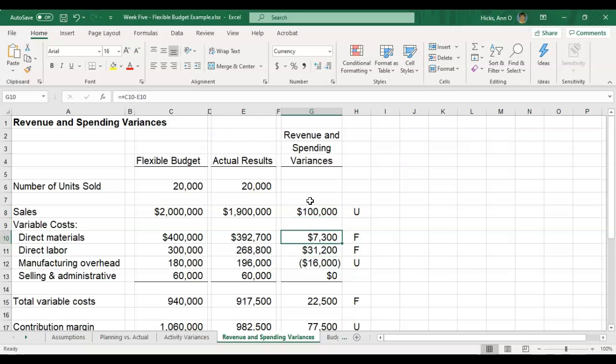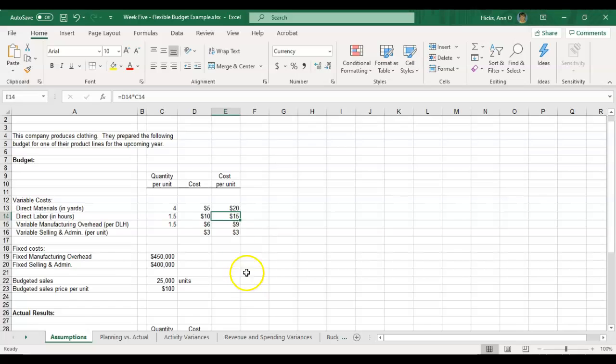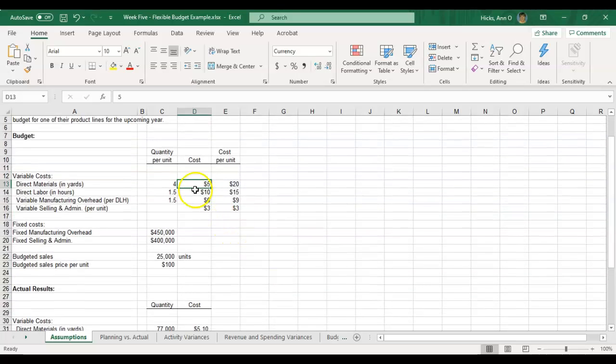Direct materials, we have a favorable variance of $7,300. This is because the cost of the direct materials per unit ended up being less than what we had budgeted. Now, I want to point something out here. We budgeted $5 per yard for the direct materials.